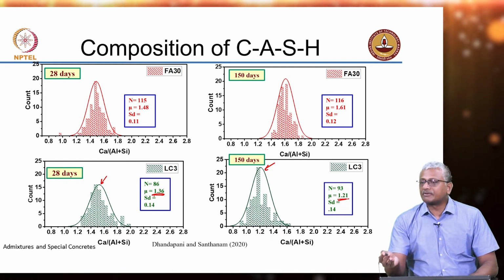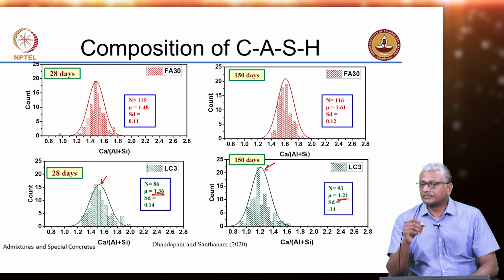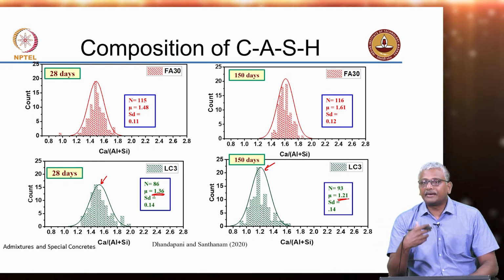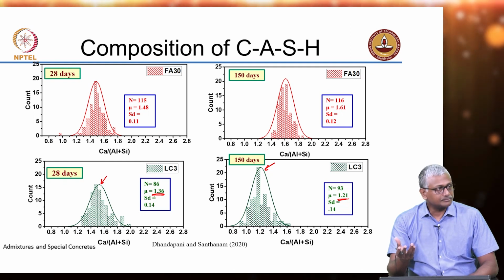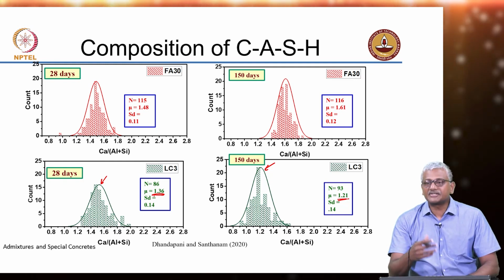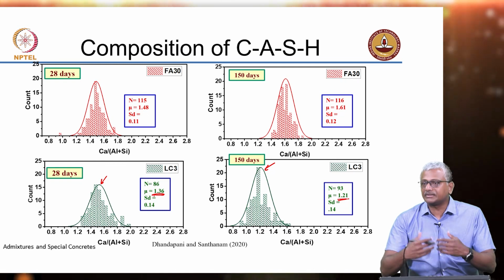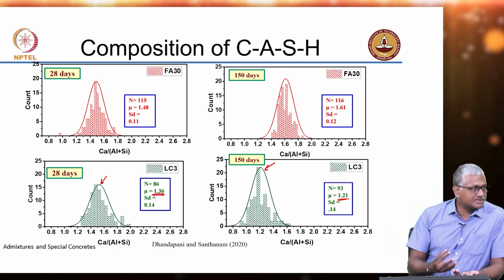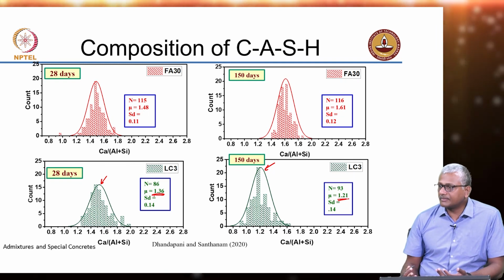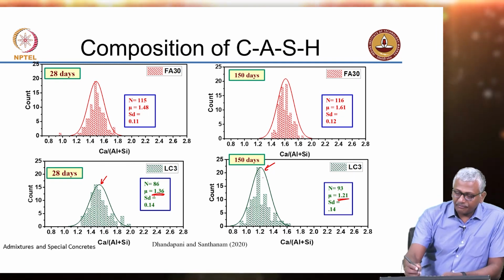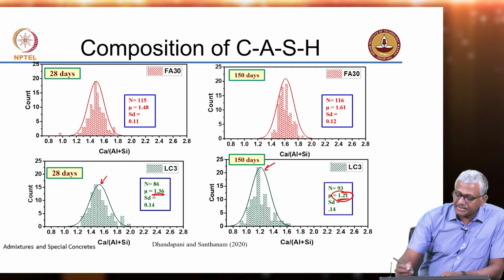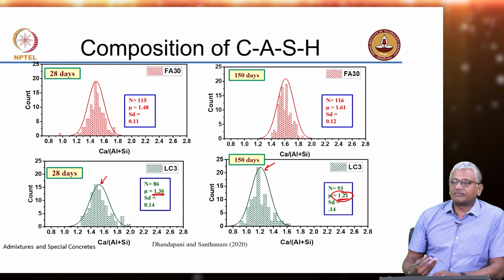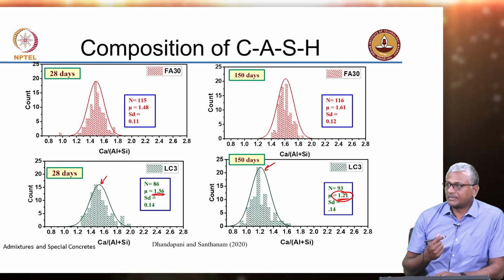What happens in the case of carbonation? Carbon dioxide penetrates the concrete and reacts with calcium hydroxide. If there is no calcium hydroxide available, it will react with other calcium bearing species. What are the other calcium bearing species? CSH, you have ettringite, right. What will happen is, when it starts interacting with CSH that has a low calcium to silicon ratio, the depletion of calcium will be faster, right.